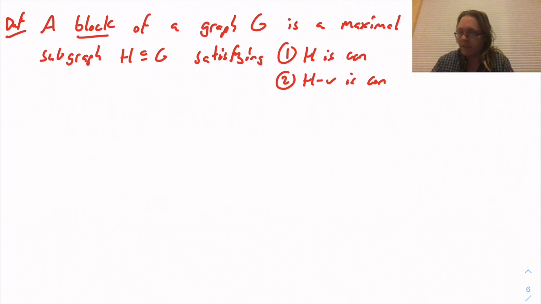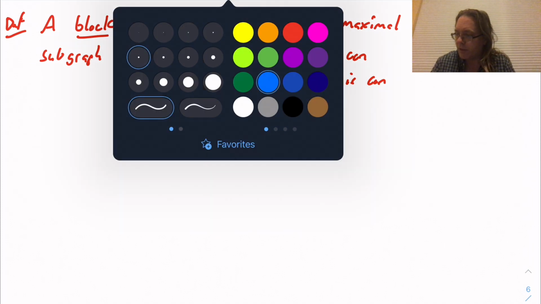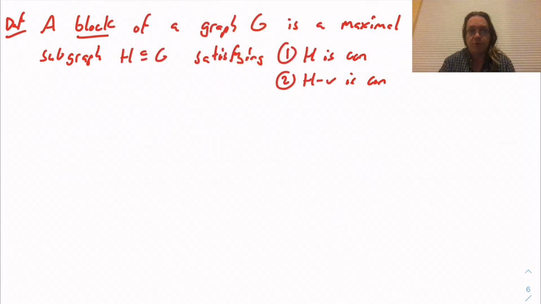And let me just show you an example. So again, I'm going to restrict my attention to simple graphs here. I'm not going to be drawing parallel edges or loops because they're not going to matter for any of this anyway.